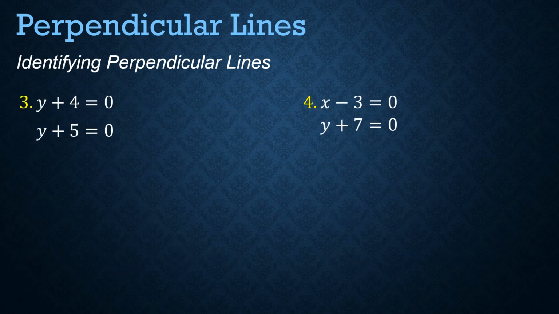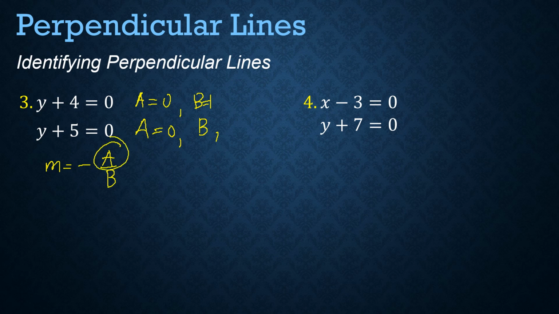If we get the slope of y plus 4 equals 0 and y plus 5 is equal to 0, the value of a here is 0 and b is 1. The value of a here is 0 and b is also 1. If we get the slope using a over b, where a is 0, then it is automatically 0.